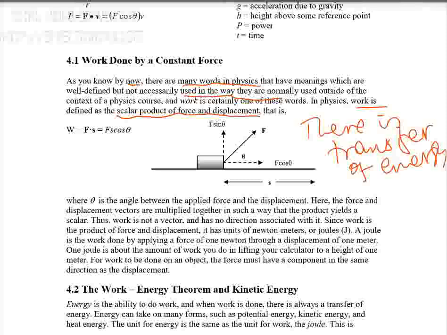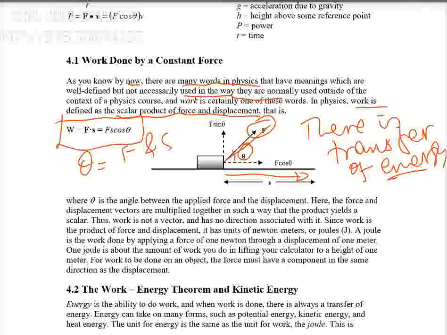In physics, we can say work is done if there is energy transfer, and this is calculated by using the scalar product of force and displacement, that means F dot S, and by cancelling this dot we can use F s times cos theta, and theta is the angle between the force and the displacement. As you see, the force is exerted in this direction at an angle of theta, and the displacement is in this direction. Therefore, the angle between the force and the displacement is theta.